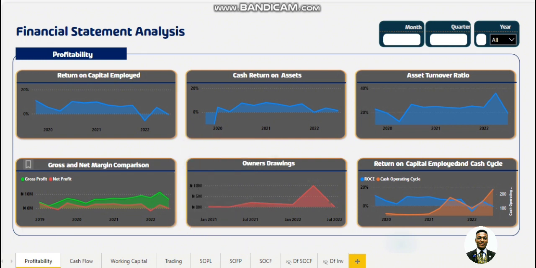That would not be good for the business. Now let's take a look at owner's drawing, and let's see how this would affect the profitability of the business.